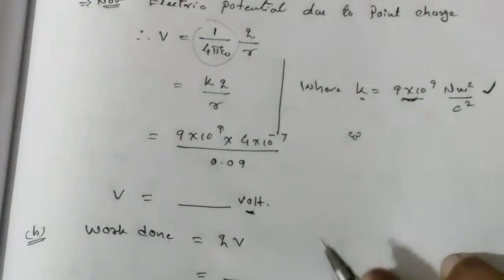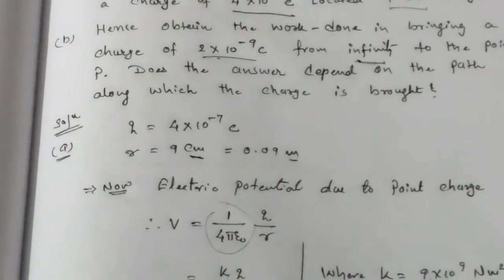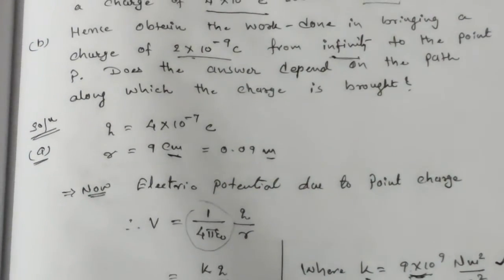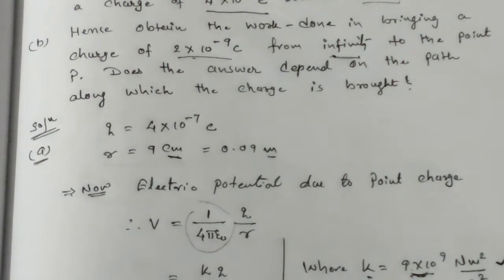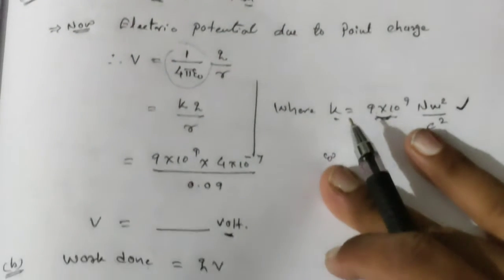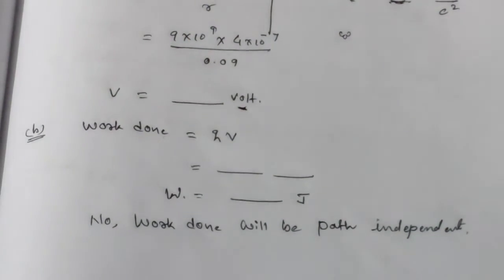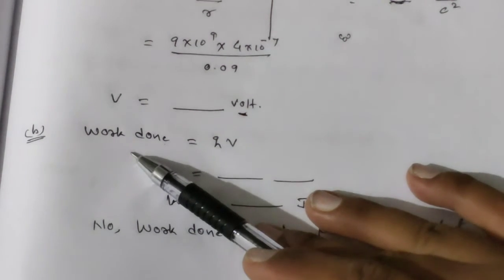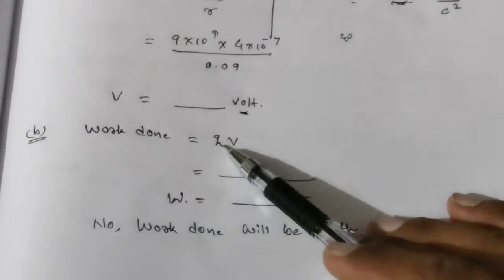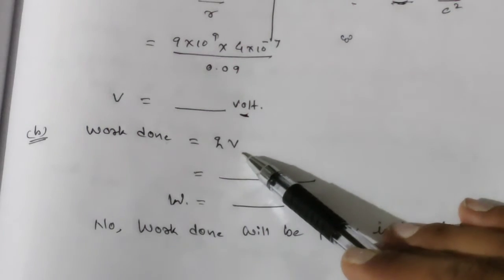Now we are moving towards the other question, question number B. We have to find the work done in bringing a charge of 2 into 10 raised to minus 9 coulomb from infinity. So we use the simple theory of electrostatic potential energy, where work done converts to energy. So here work done is charge multiplied by potential.